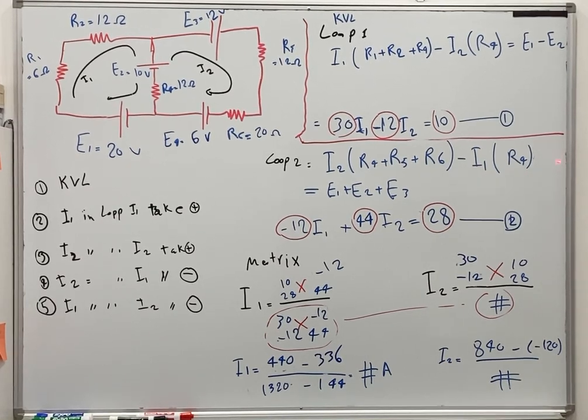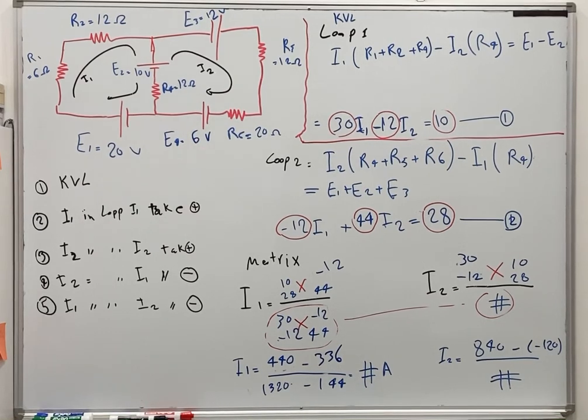Okay, all this will equal, then we'll see the sources. So E1 or E2, let's say here, 10 volts. E3 is 12 volts. E6 is 6. E4 is 6 volts. All of them are clockwise. See, this one is clockwise. This one is clockwise.